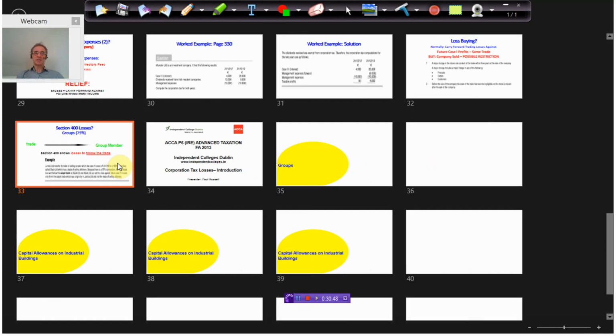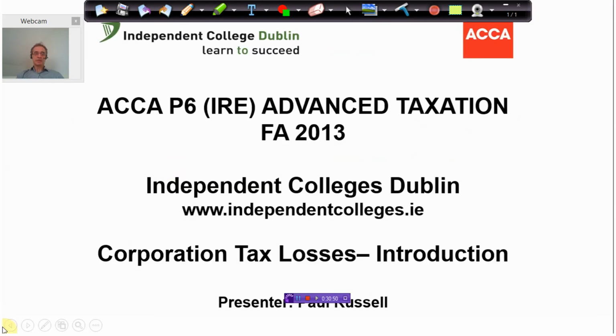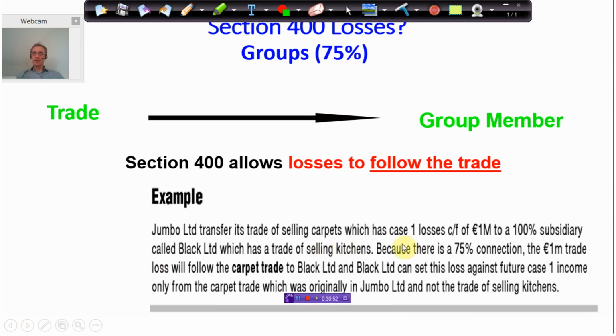So we're saying that the transfer of the trade to the other group member, because there is a group relationship, Section 400 of the Taxes Act allows the losses to be utilized in the new business, in other words, in the business to which the trade has been transferred.